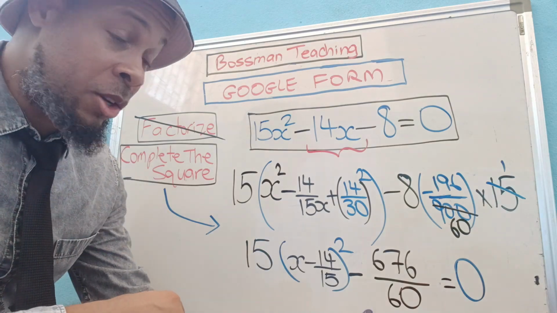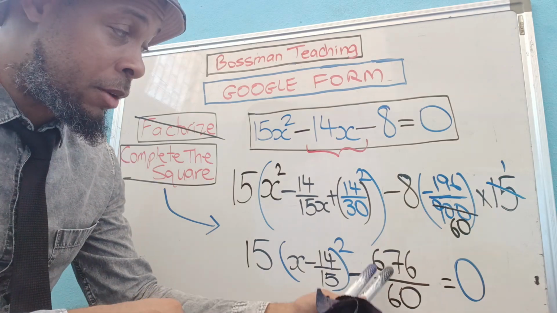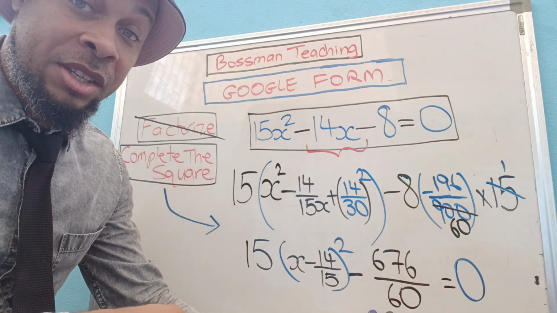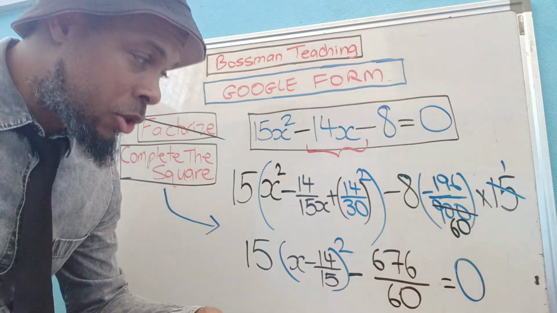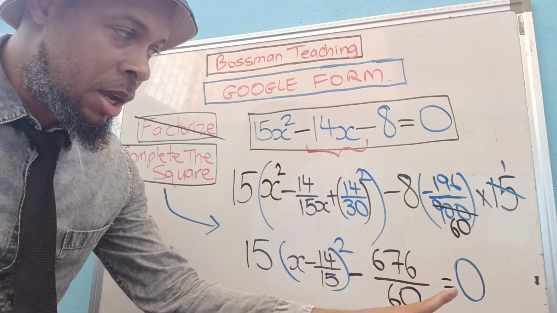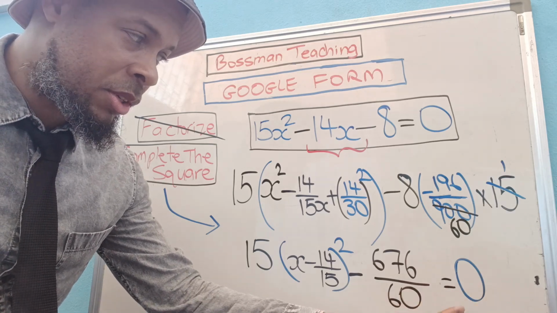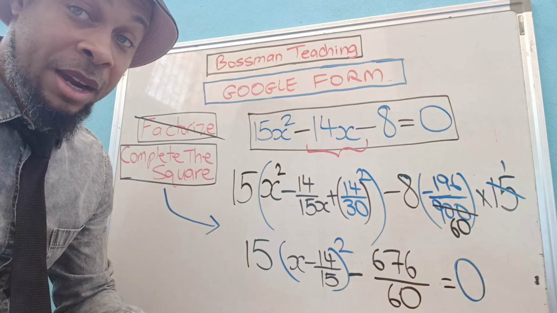Now, here's what's fun though. When you put this on the opposite side, meaning you're going to add 676 over 60 to this as well as to this, obviously when you add it to this, it will cancel. You add it over here, 0 plus 676 over 60 becomes 676 over 60.